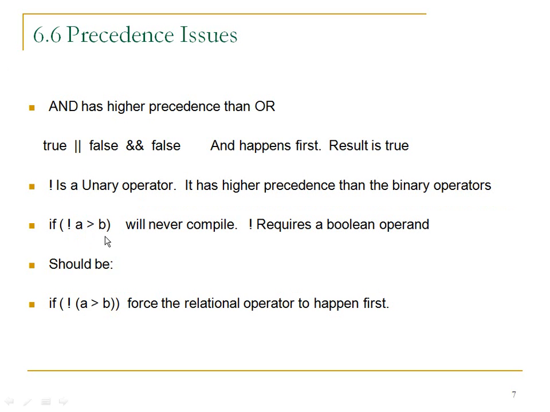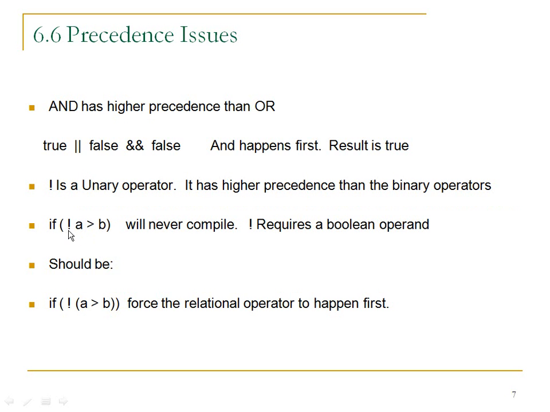And this will not compile. It would try to do not A first. But A is not a Boolean. And not will only work on a Boolean. So the error message here would be, I can't evaluate not A. It's not exactly what the error message will be.